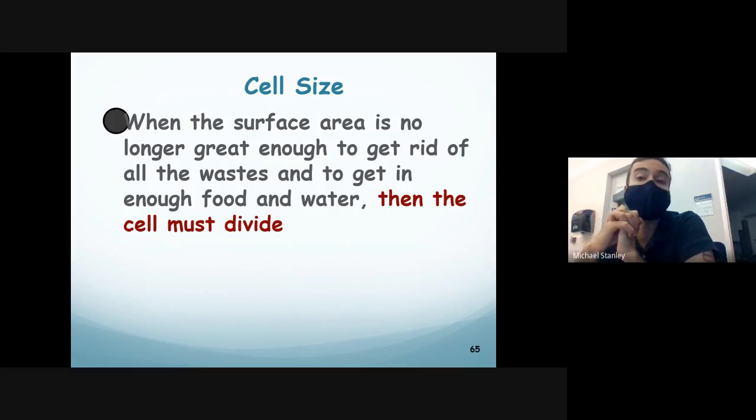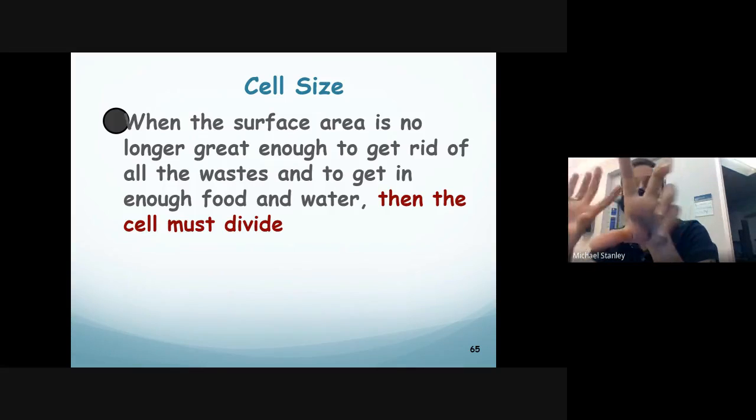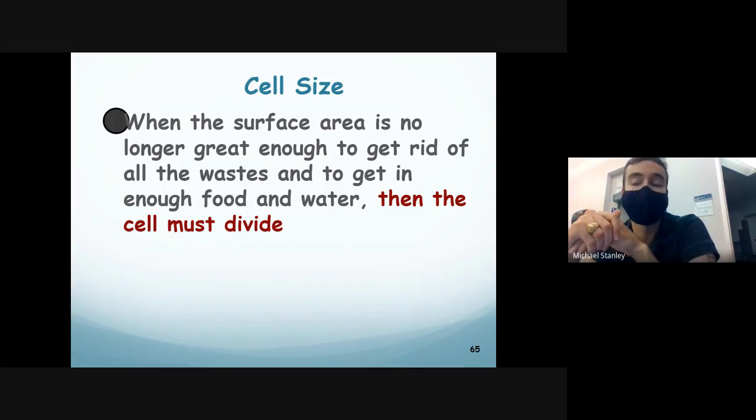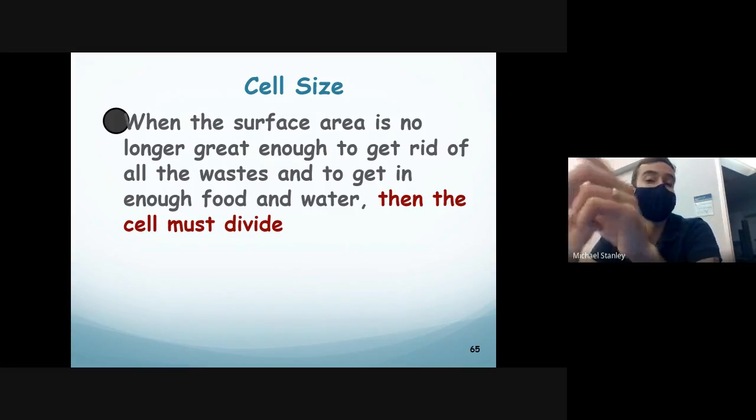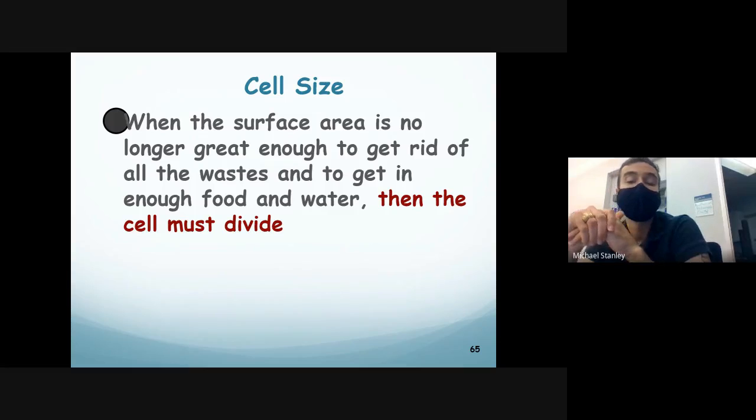If the volume of the cell gets too big compared to the surface area, then it's really hard for the cell to send all the proteins and macromolecules to where they need to go. It starts to take too long for things to get from place to place inside the cell, and it's hard to get enough food and water inside, because the food and water come in through the surface, through that plasma membrane.